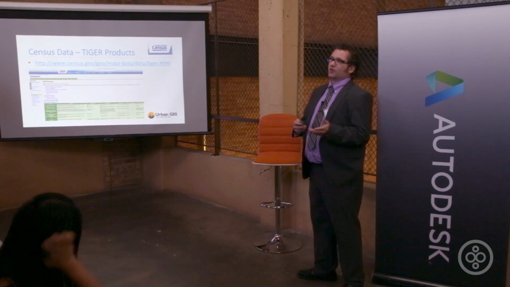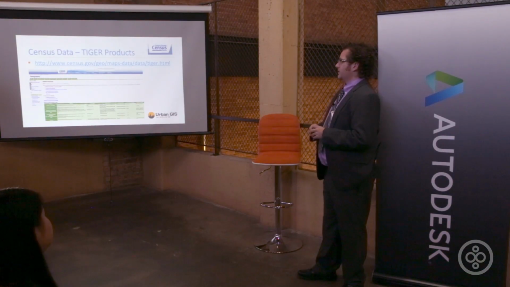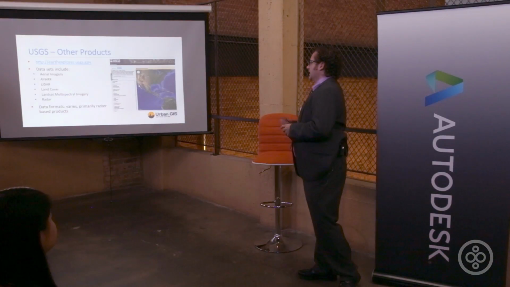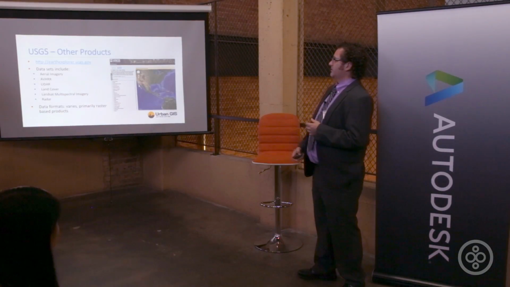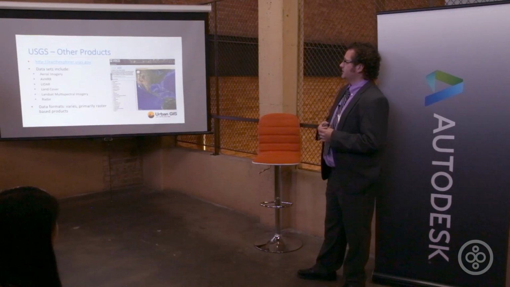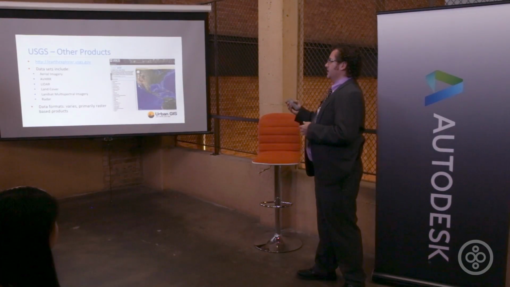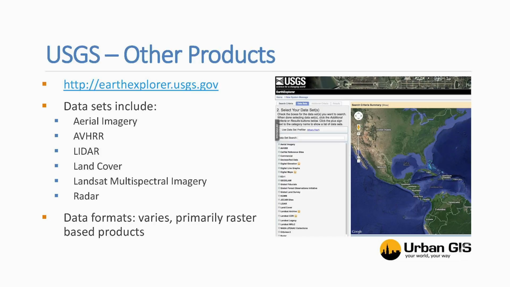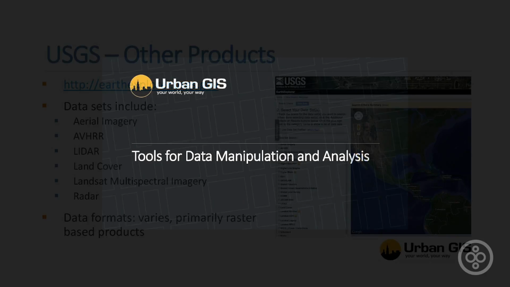And much of that can be incorporated into your data or into your projects. USGS also has a huge volume of data that's made available as well, including aerial imagery, LiDAR data, land cover data, the Landsat multispectral imagery. The Landsat 8 one that I showed you before was acquired from here. And these are primarily all raster-based data products, but again, there's this huge volume of data that is available for all of us.